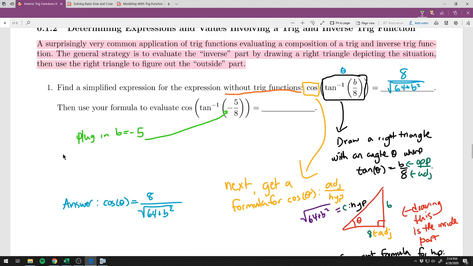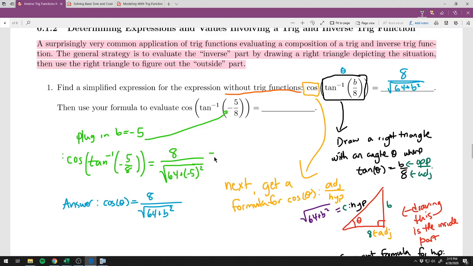Okay. So we got cosine of tan inverse of -5 over 8. We have our formula with b in it from part A. We got 8 over the square root of 64 plus, and then we're plugging in -5.